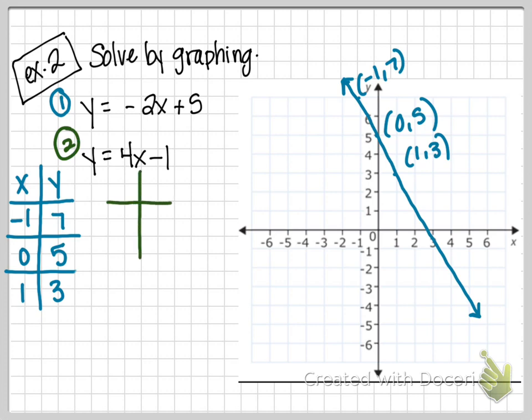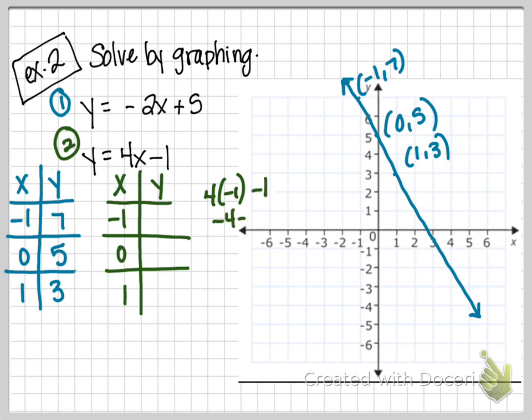Make my function table. X, Y, choose my points. I can use -1, 0, 1 again here. It works out fine. Plug in 4 times -1 minus 1. So -4 minus 1 gives me -5.